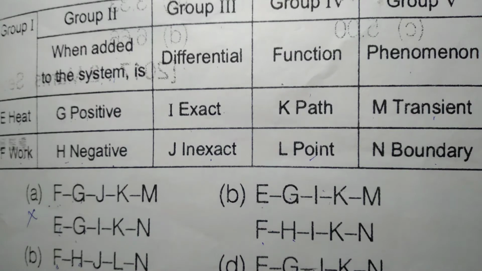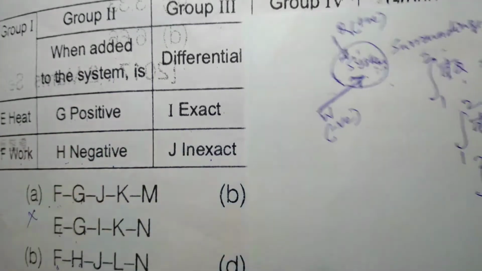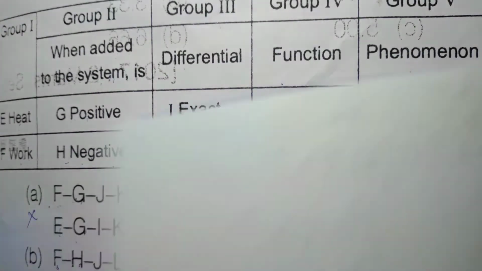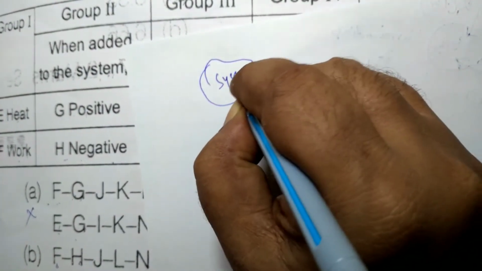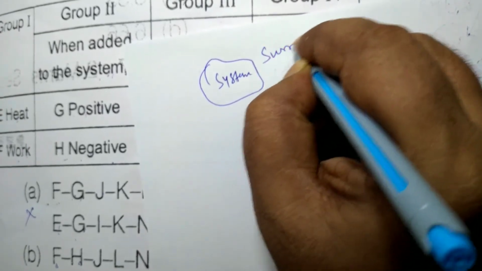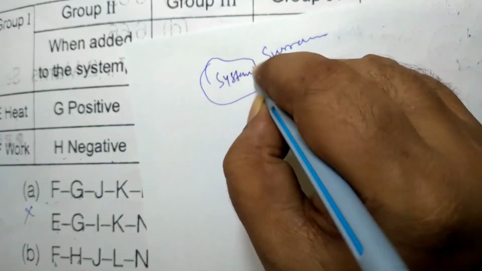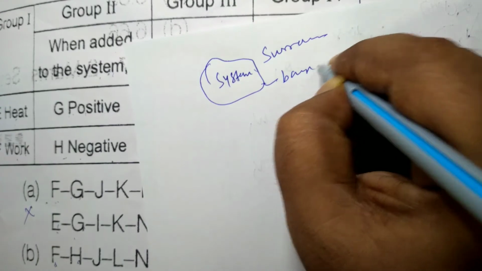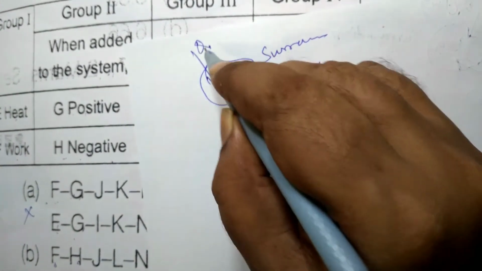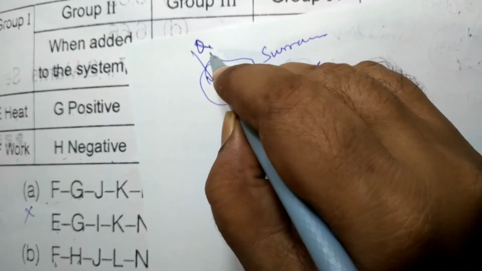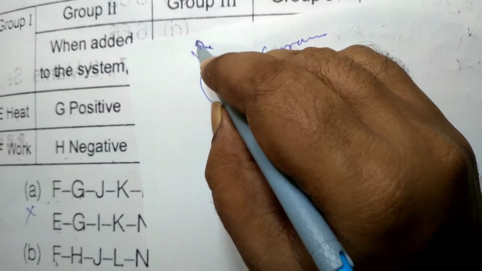So first we will see, we know that heat when added to a system is positive. You see, suppose this is a system, and this is surrounding, and this is the boundary, and by convention, of course, there is no hard and fast rule. We can change this convention also according to your will.